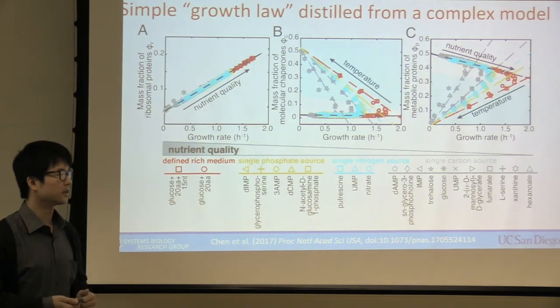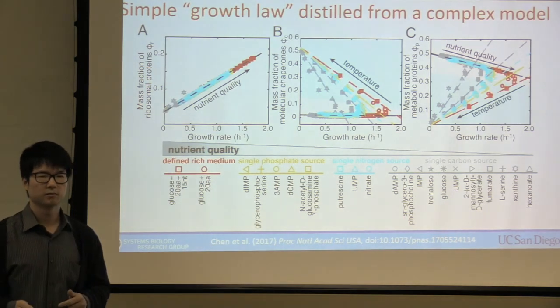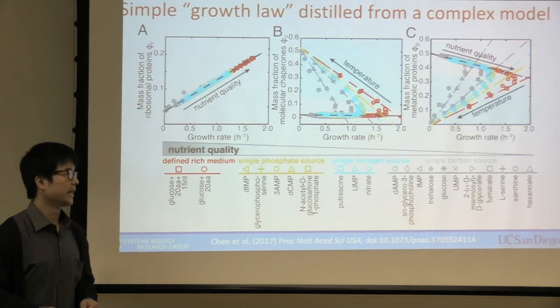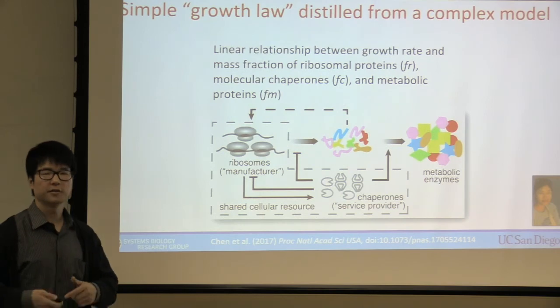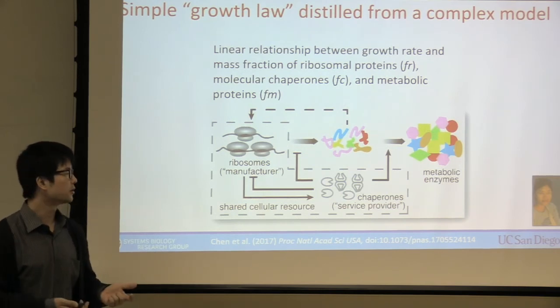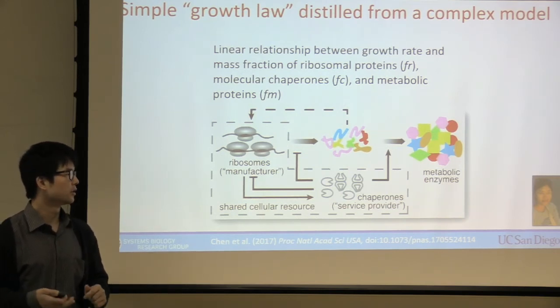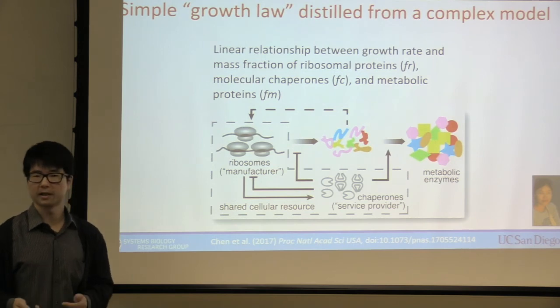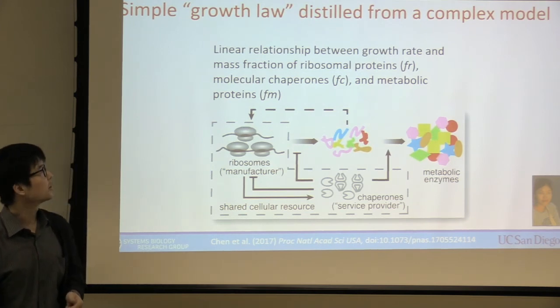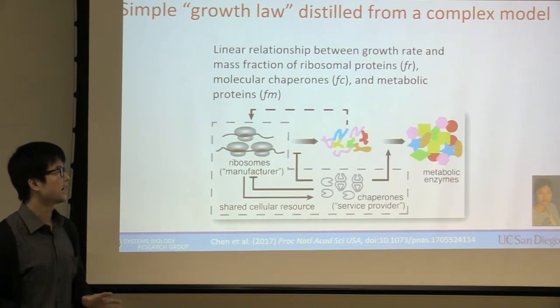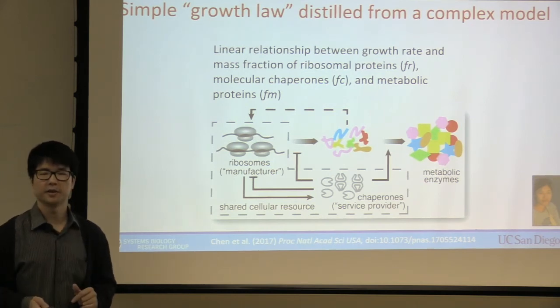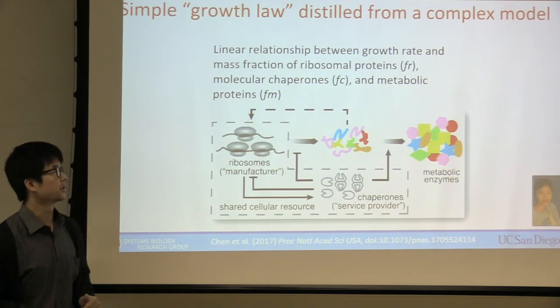In this case, we can say there's a simple growth law that relates temperature to the fraction of the proteome that is allocated to ribosomes, to chaperones, and to metabolic enzymes. And we have, in fact, a very simple linear relationship that connects all three of these macromolecular resources.